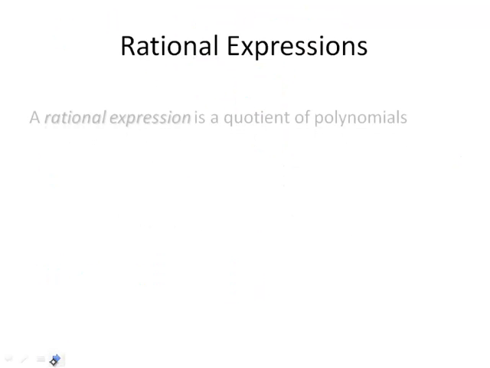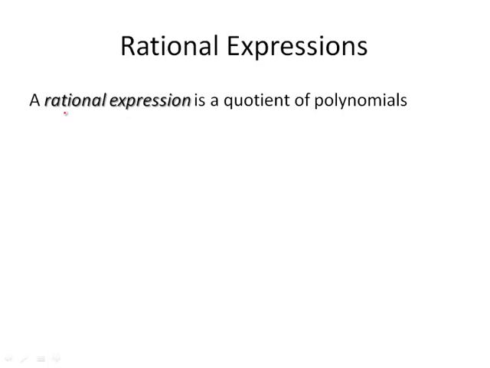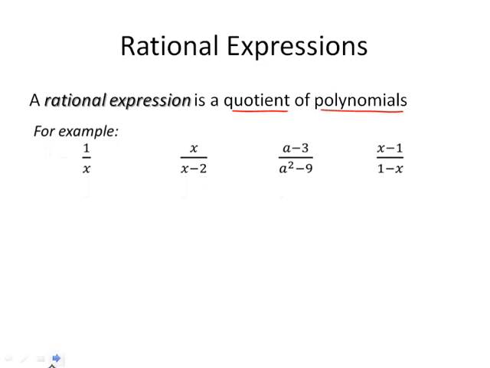What are rational expressions? Well, just like fractions, they are a quotient of polynomials. So essentially, we're making a fraction out of polynomials. Here are some examples of rational expressions.